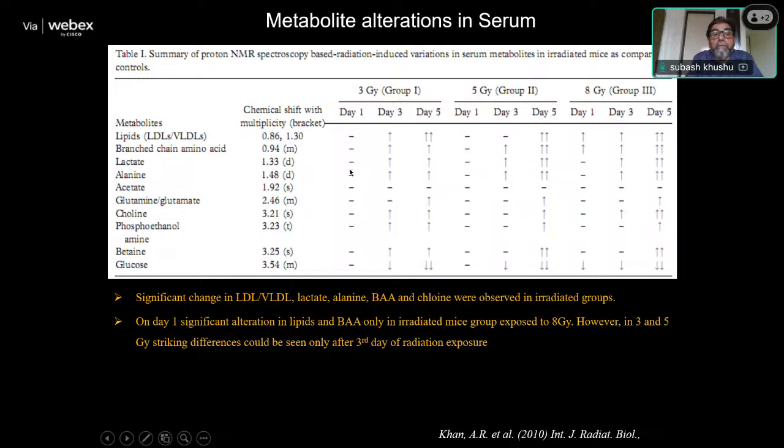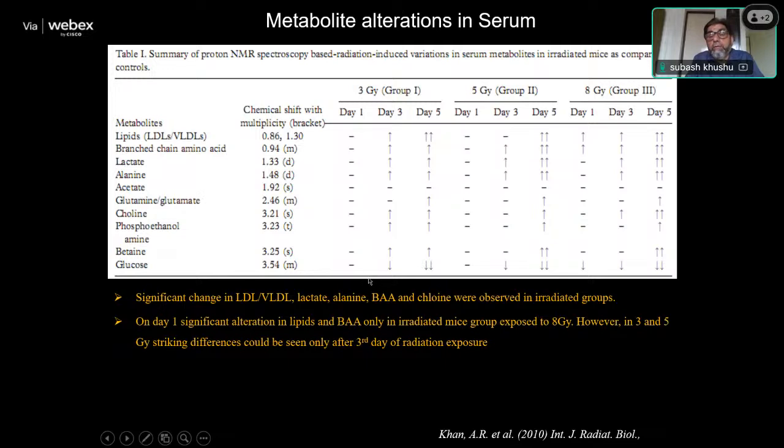And we saw that on day one, there's hardly any change in the metabolic profiles. But if you look at day 3 onwards, we started seeing changes in the metabolic profiles. And by day 5, they were very prominent in all the three groups. We found significant changes in LDL, VLDL, lactate, alanine, as I said in the last slide.